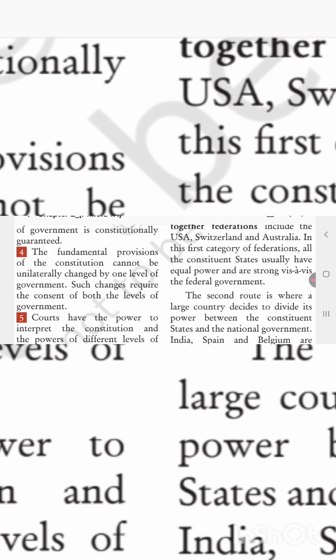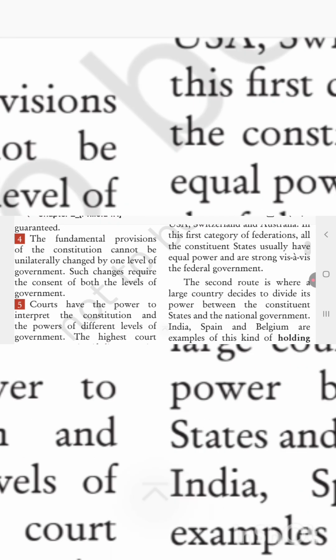That means a single government cannot change that, whether it is the state government or the central government. Both of them are supposed to sit together, discuss the matter and then legislate that provision. Clear? Unilaterally means only one government cannot take the final decision. For that, they are supposed to discuss with each other. And such changes require the consent of both levels of government, like I said.